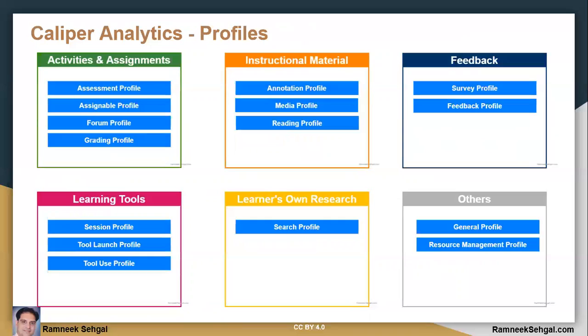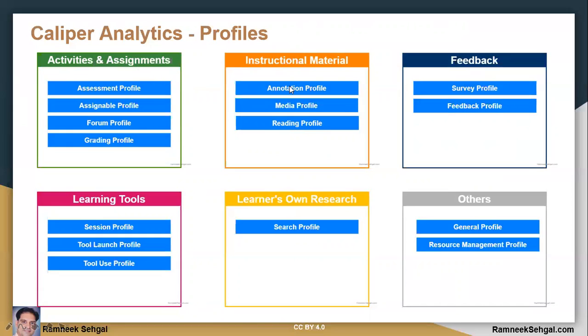Then we have the assignable profile, like assignment sent, assignment submitted. Then we have the forum profile, like message sent, message read, and so on. Then we have a grading profile, for any activity which requires grading, like grade submitted, and so on. So these are the categories. This one is a category for assignment and activities related profiles.